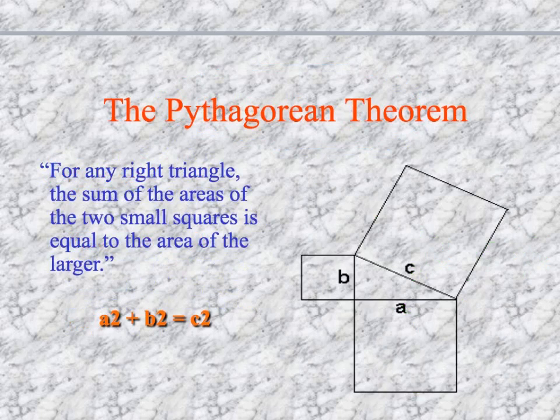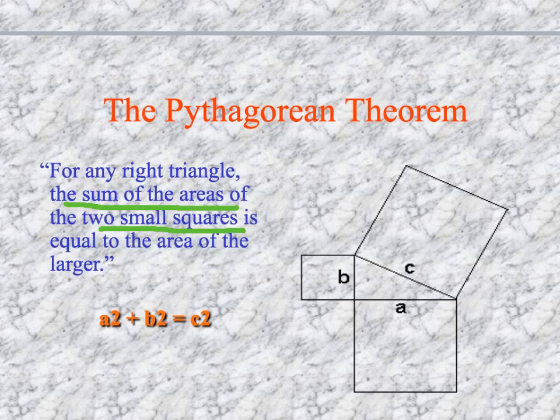Alright, so the Pythagorean theorem works for any right triangle, and the theorem states that the sum of the areas of the two small squares is equal to the area of the large square.